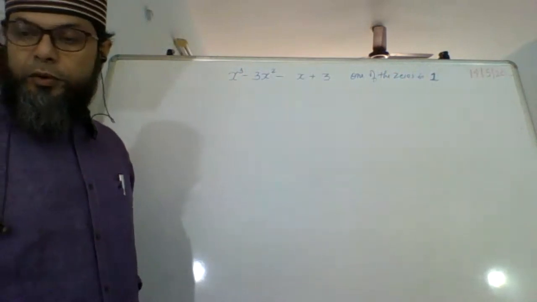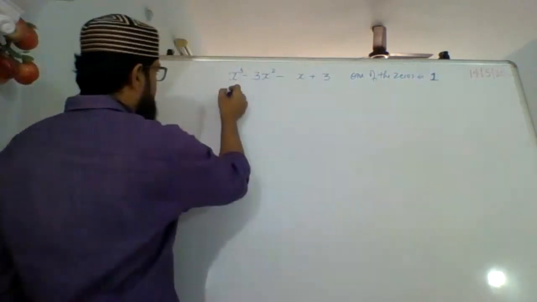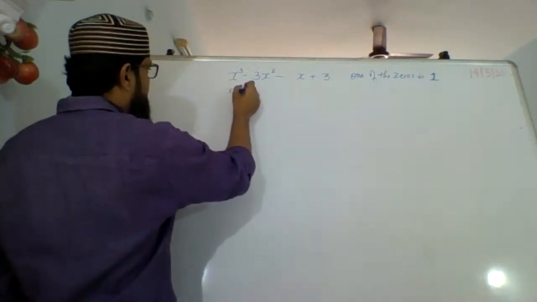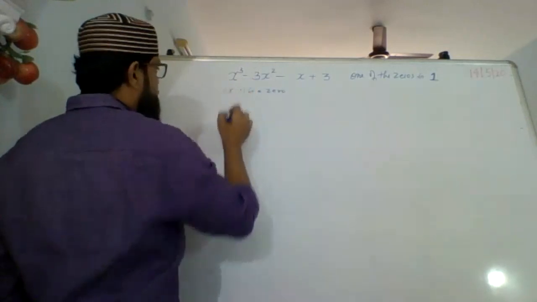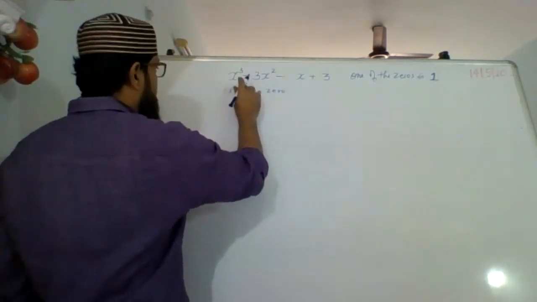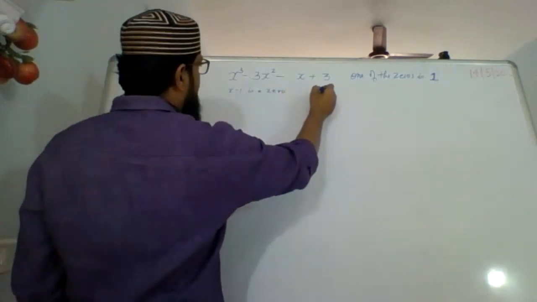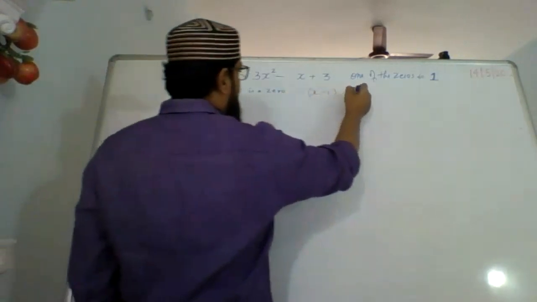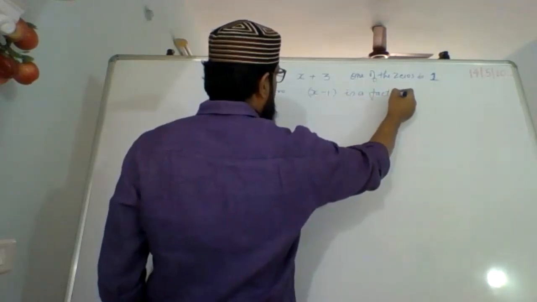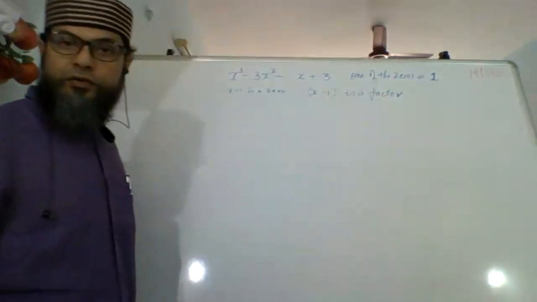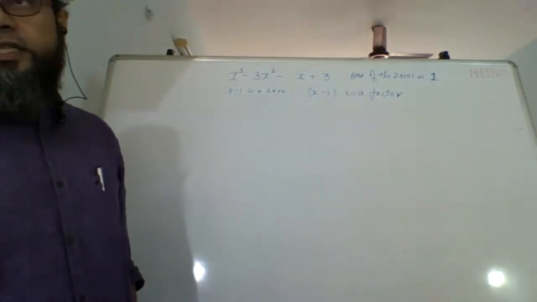Now the method to go about that is very simple. First we'll say one of the zeros is 1, that is x equal to 1 is a zero. Therefore, x minus 1 is a factor. If they have given you the zero, you say x is equal to that.